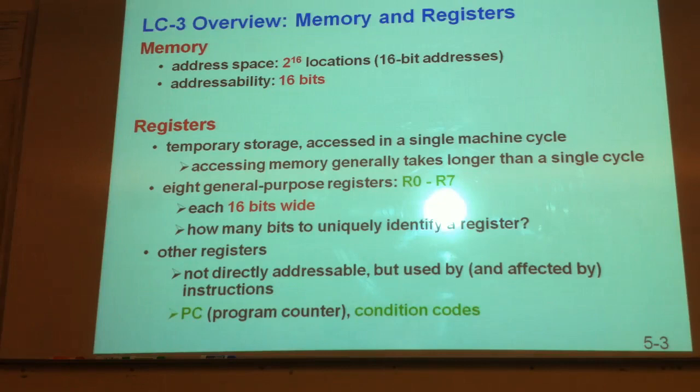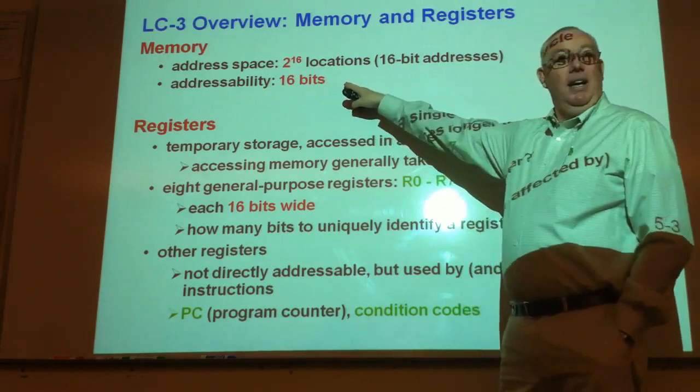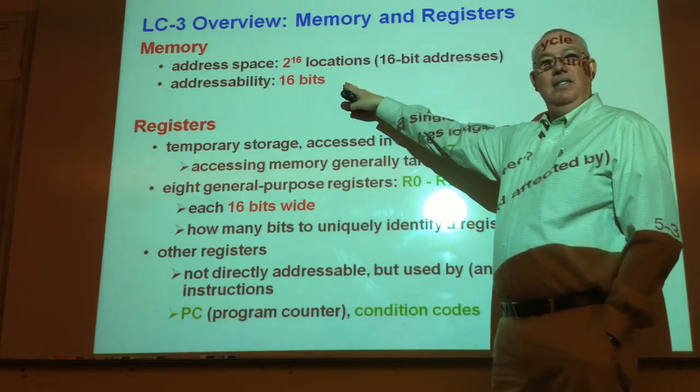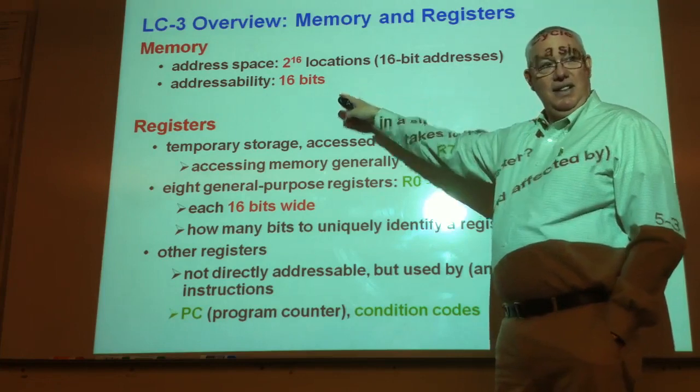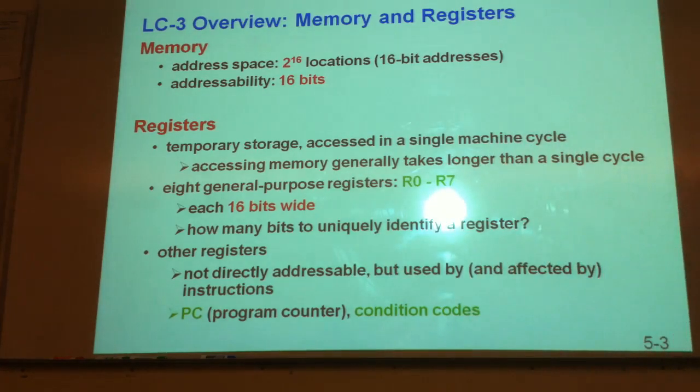Okay, let's look at the memory. 2 to the 16th locations, we have 16 address bits. So that's how big? 2 to the 16th. 65,000. Yeah. Okay, so in computers, you ought to really know the powers of 2.